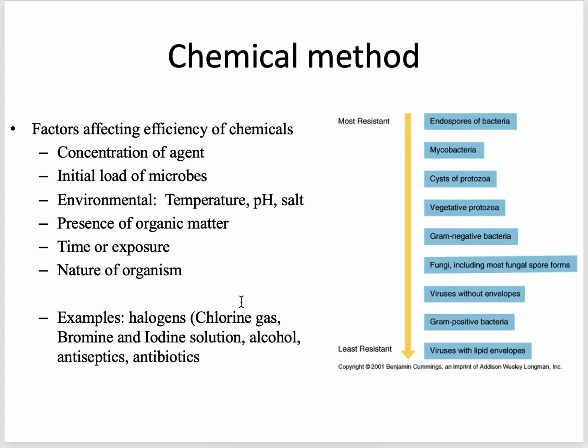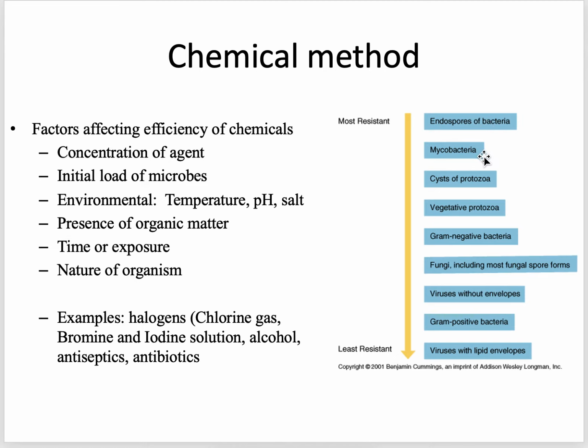This list shows the microbes based on their resistance. At the top is the most resistant, and at the bottom the least resistant ones. According to this list, endospores, that means spores of bacteria, are the most resistant.